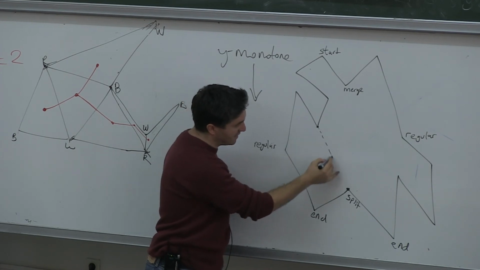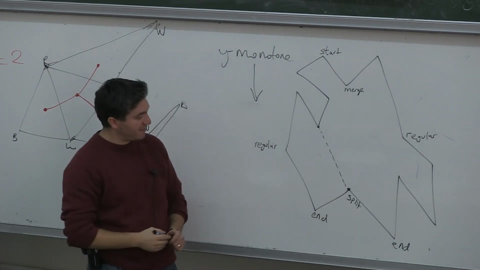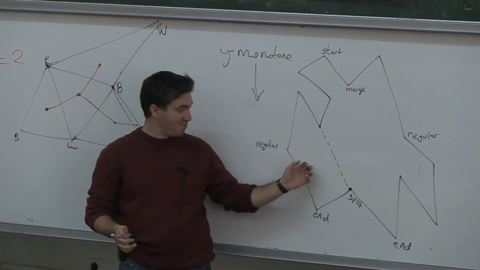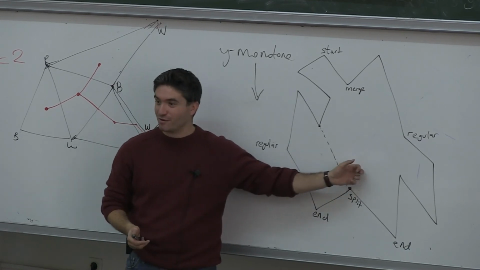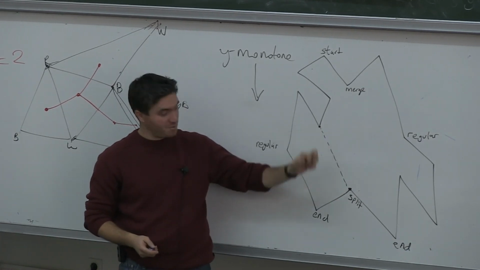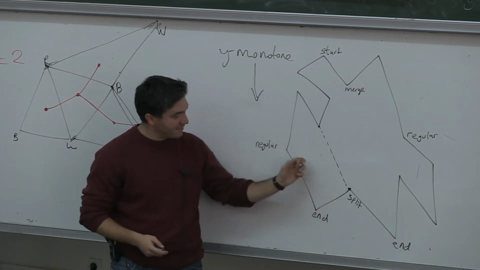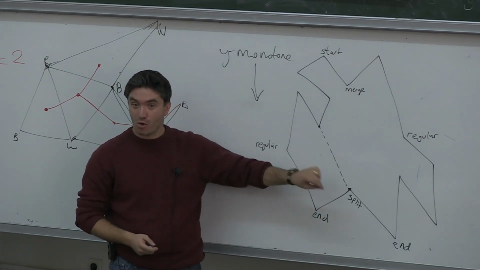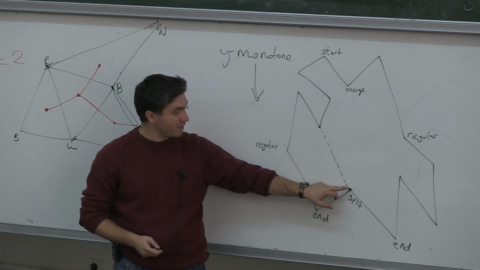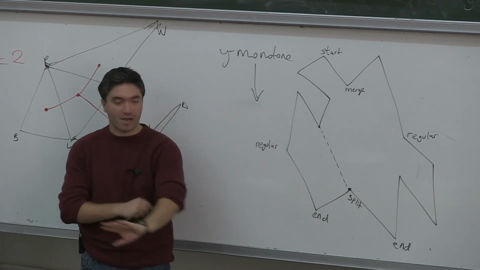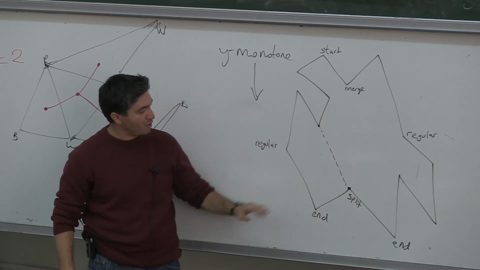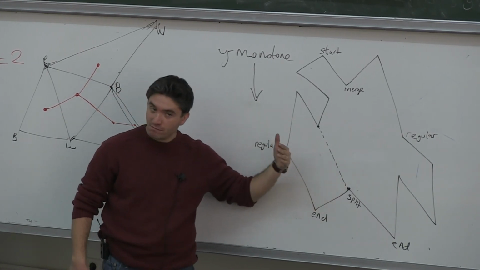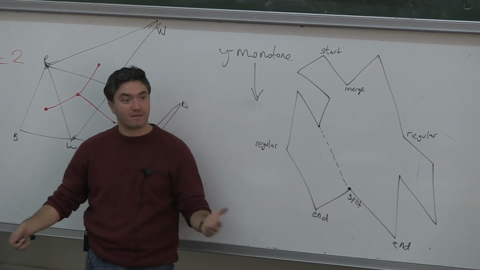Then the split vertex immediately becomes a regular vertex in both parts of the polygon, because one of its neighbors is up and the other is down. We need to make sure that it's a diagonal, so it doesn't intersect any other part of the polygon. If we find such a diagonal, we get rid of this split vertex and make it a regular vertex.